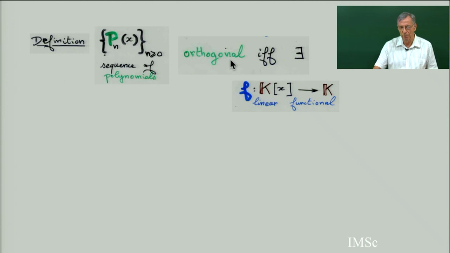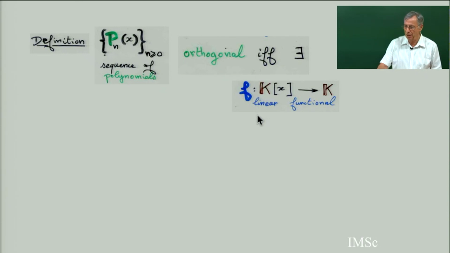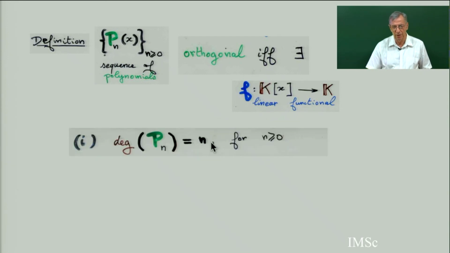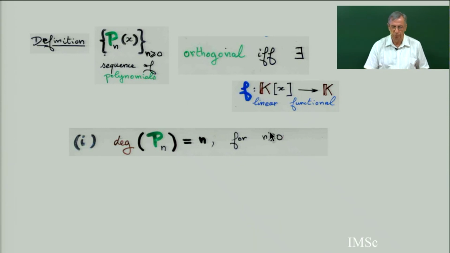So definition: they will be orthogonal if and only if there exists a linear form, a linear functional, you know, elementary linear algebra, f, a linear form on the space of polynomials, satisfying the following 3 conditions. Condition 1: degree of Pn equals n for every n. We start with n equals 0, P0.